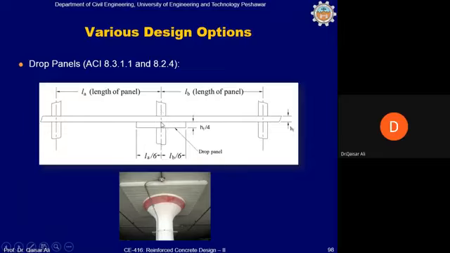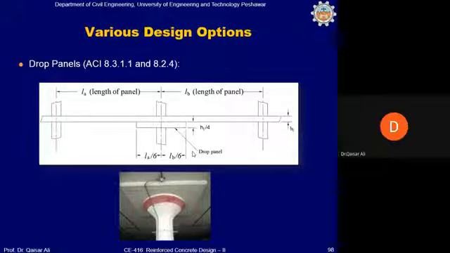Which means that, for example, if this length L is, let's say, 30 feet, then 30/6 is 5 feet on both sides. The size of the drop panel shall be at least 5 feet on one side and 5 feet on the other side. So this will basically be a 10 by 10 feet drop panel in plan.